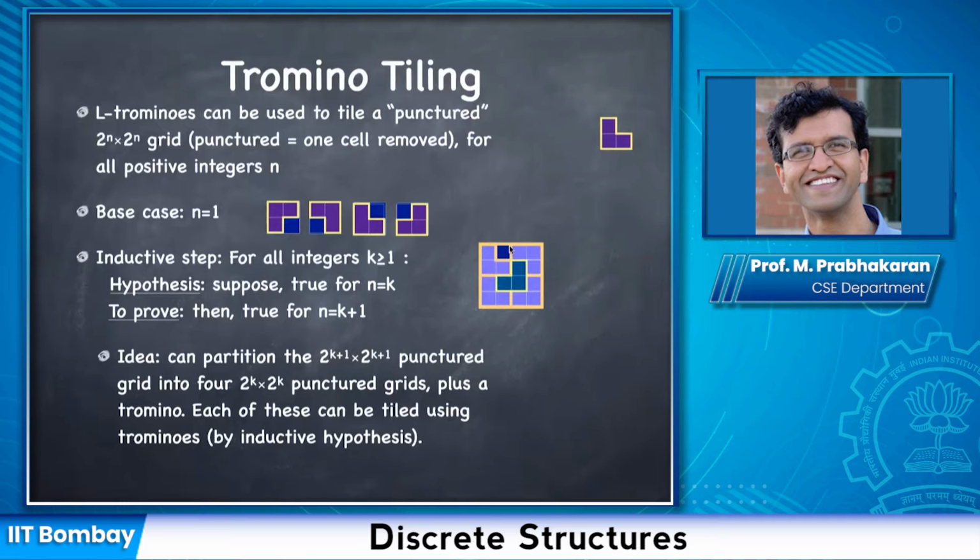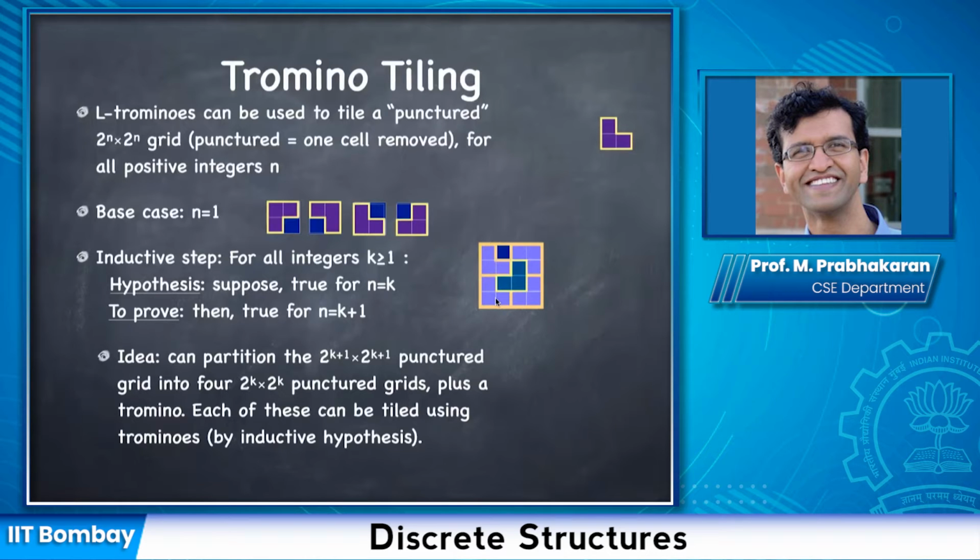And the subgrid that I choose to not cover using this Tromino is the one in which there is a punctured cell. So remember again, of the 4 subgrids, exactly one of them will have a punctured cell. That's the one I'm not going to cover using my Tromino. I keep my Tromino such that it covers one cell of each of the other subgrids.